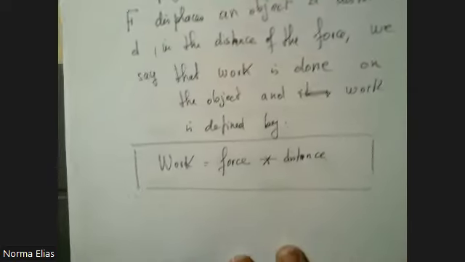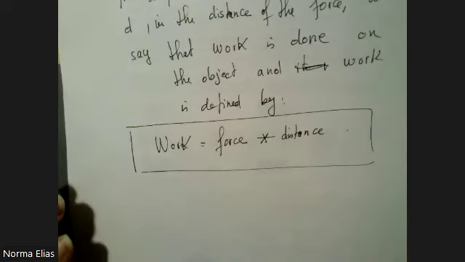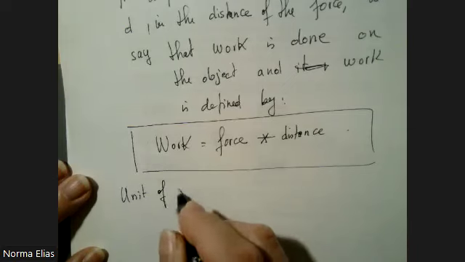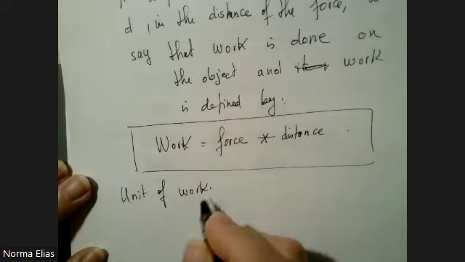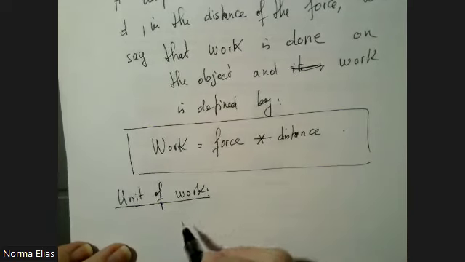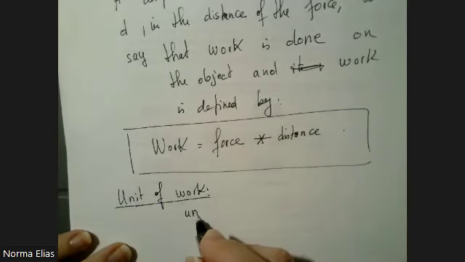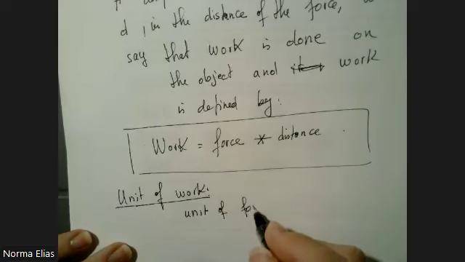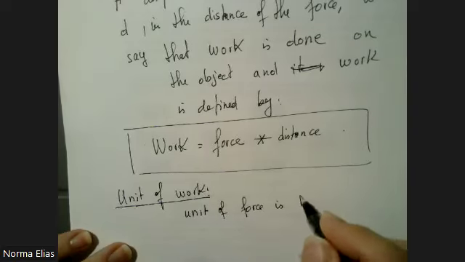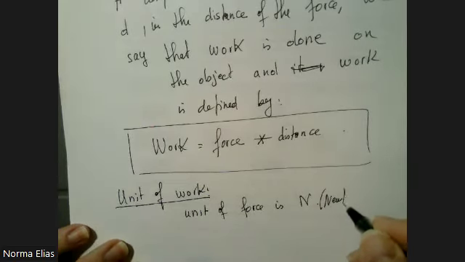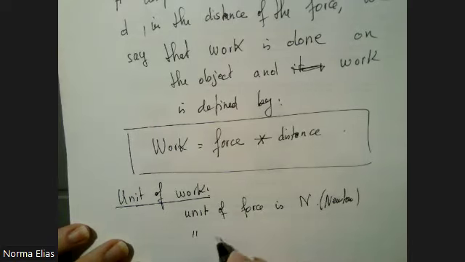Okay, so very good. So, unit of work. What's the unit? Do you guys remember the unit? Exactly. Suppose the unit of force is Newton, and the unit of distance is meter.